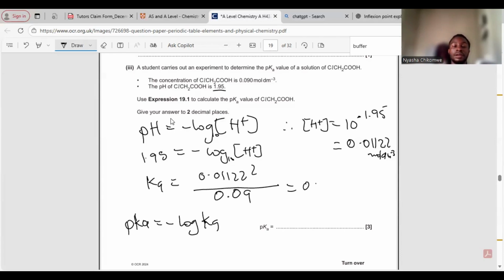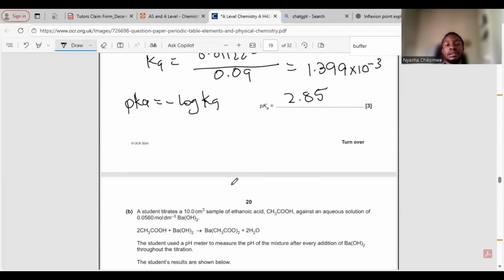Ka is 1.399 times 10 to the negative 3. So pKa is the negative log of that, which is 2.85. So that's pKa. Okay, done with that part.